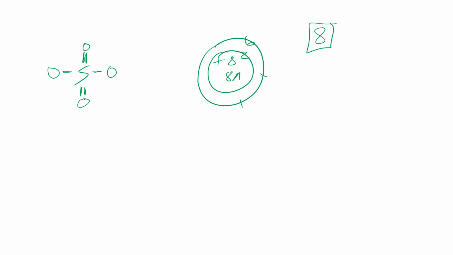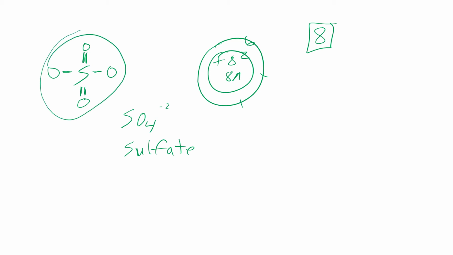That's why this SO4 group, I know you already recognize it, and the name is sulfate. When you look at a chart, you'll see that it's a -2 charge. This whole thing together can juggle by sharing these electrons between them.